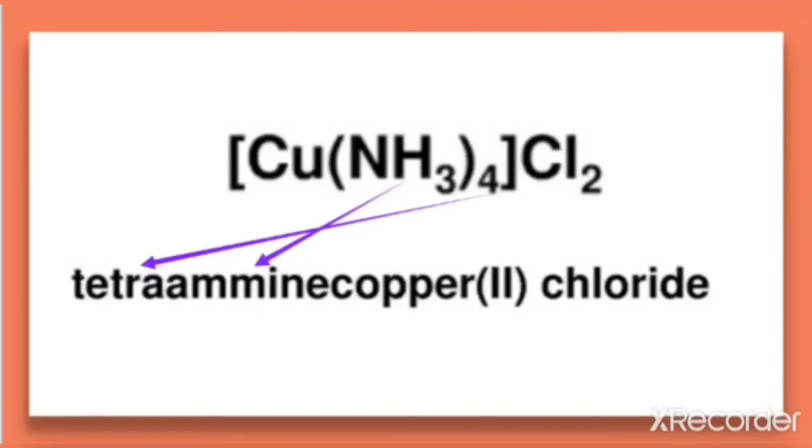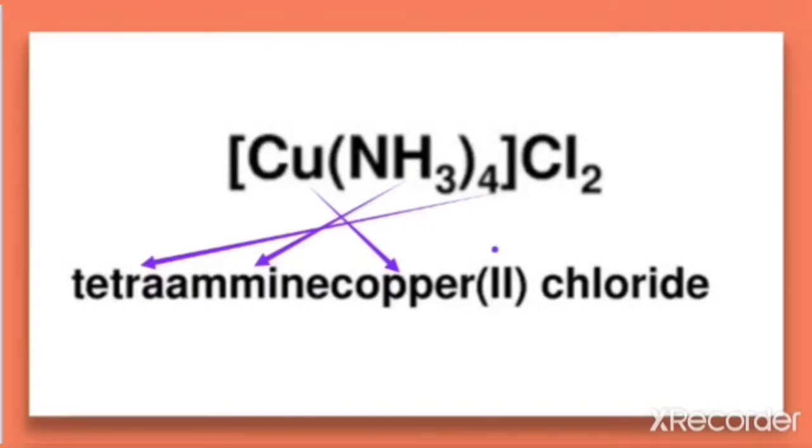After the naming of the ligand, we have to name the central metal ion, that is copper. Why copper? Because it is a cationic complex, so we have to name the central metal ion as it is. And the oxidation number, when you find it out here, it is 2, so we write in brackets the Roman numeral II.